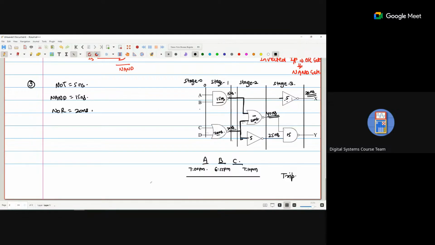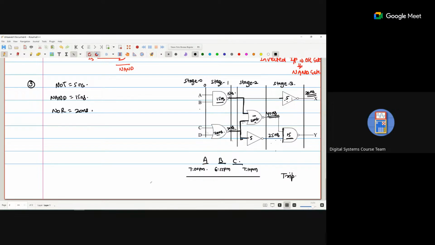Now again, at this last third stage, one input will be received at 40 nanoseconds and one at 25 nanoseconds. Which do we consider? 40. Because by 40 both will have been received, but by 25 only one. So we consider when all inputs have arrived: 40 nanoseconds.